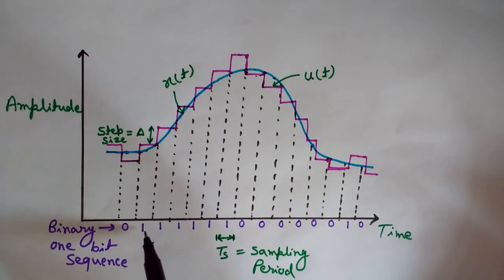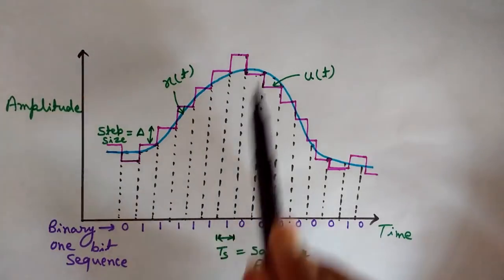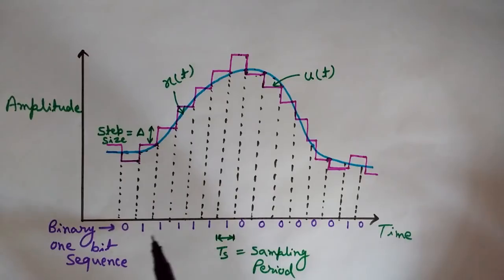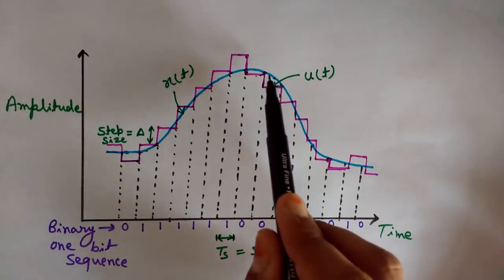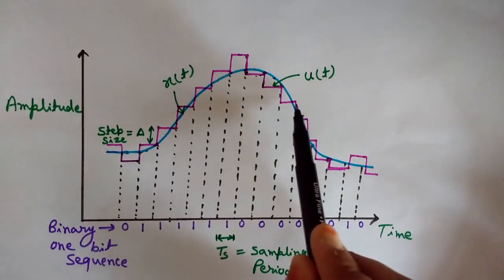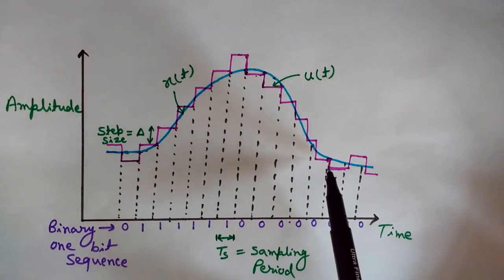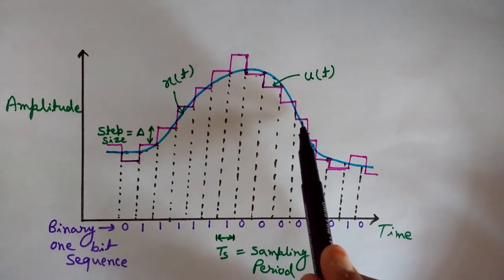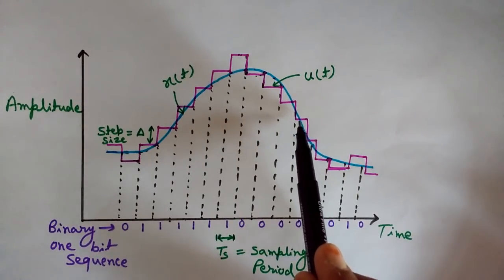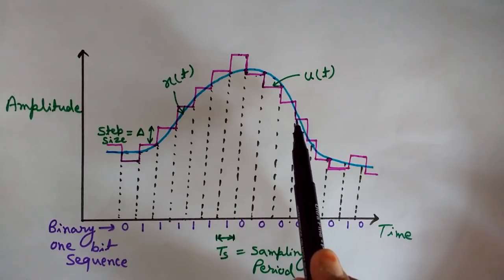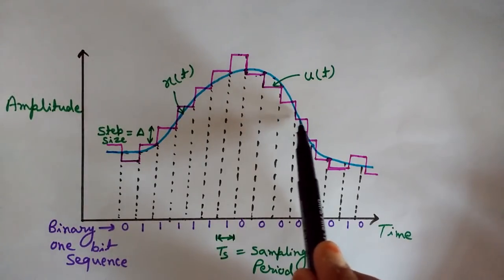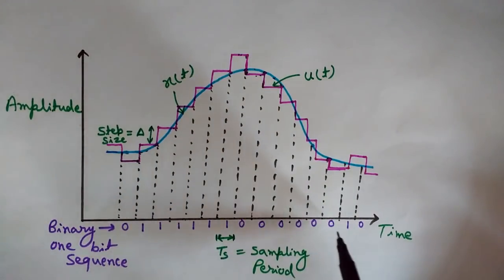So in these parts where it is increasing, 1 has been transmitted. We represent it by 1, and when the staircase is continuously decreasing, as the next value is definitely lower than the previous approximated staircase waveform, 0 is transmitted.